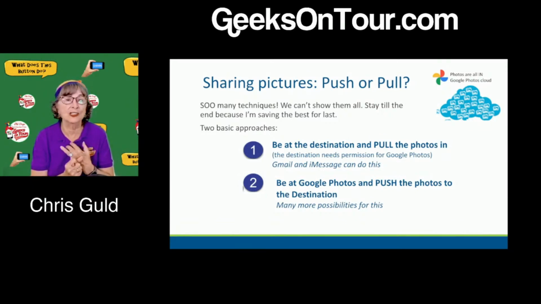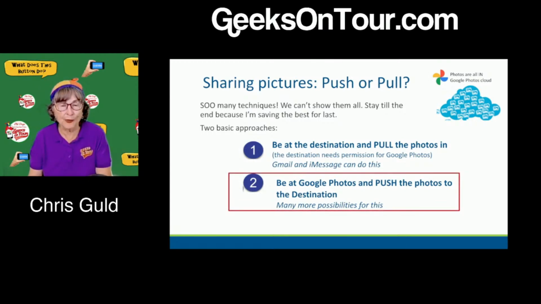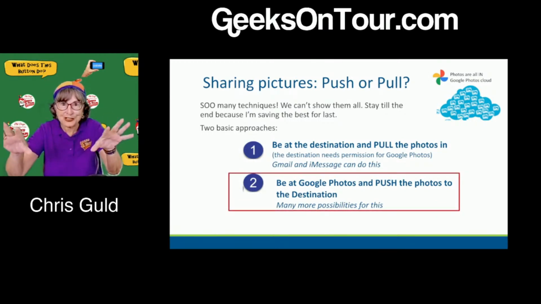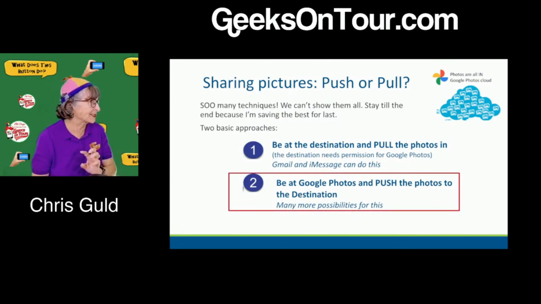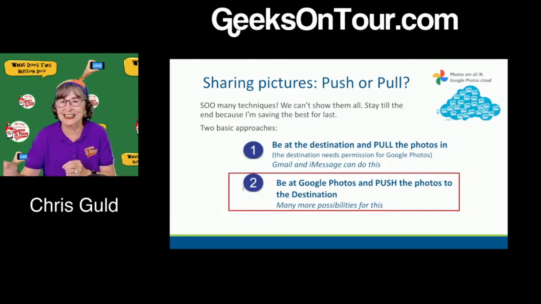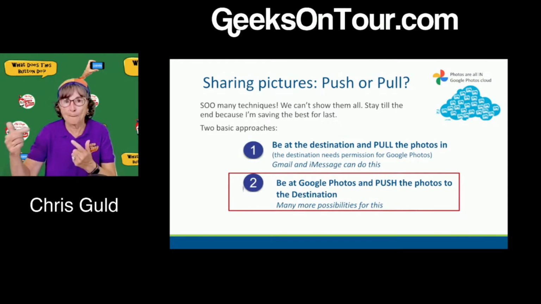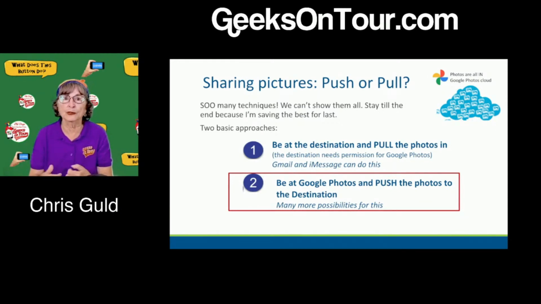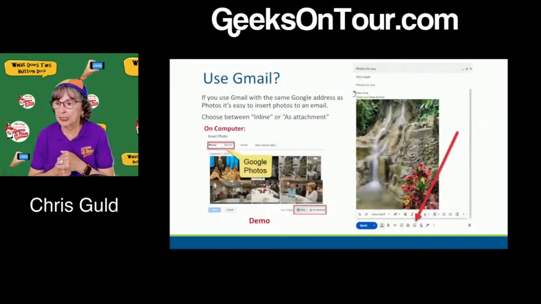You can do it with Gmail and you can do it with Apple iMessage, and I'll show that. But the way that works better is if you are in Google Photos and you push the photo out to somewhere else. That means that the destination doesn't have to have permissions to your Google Photos, which is the way I kind of like it, actually.